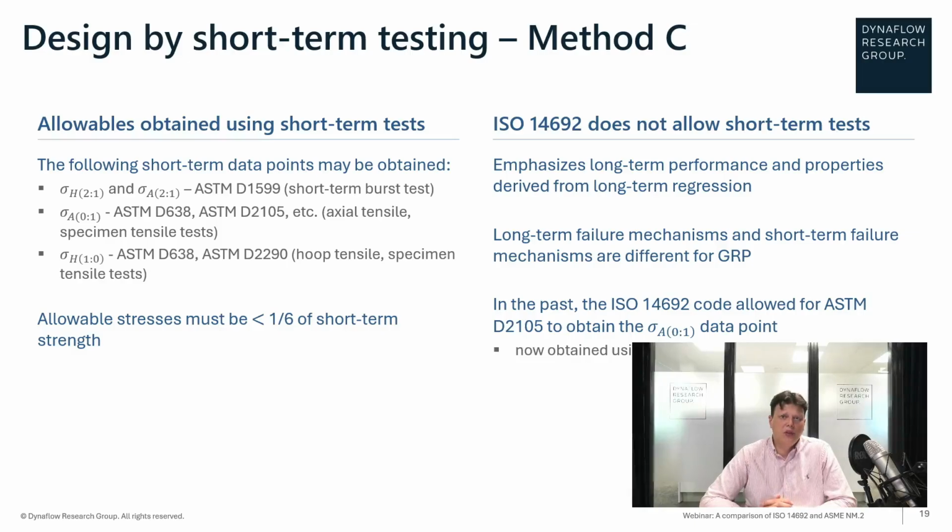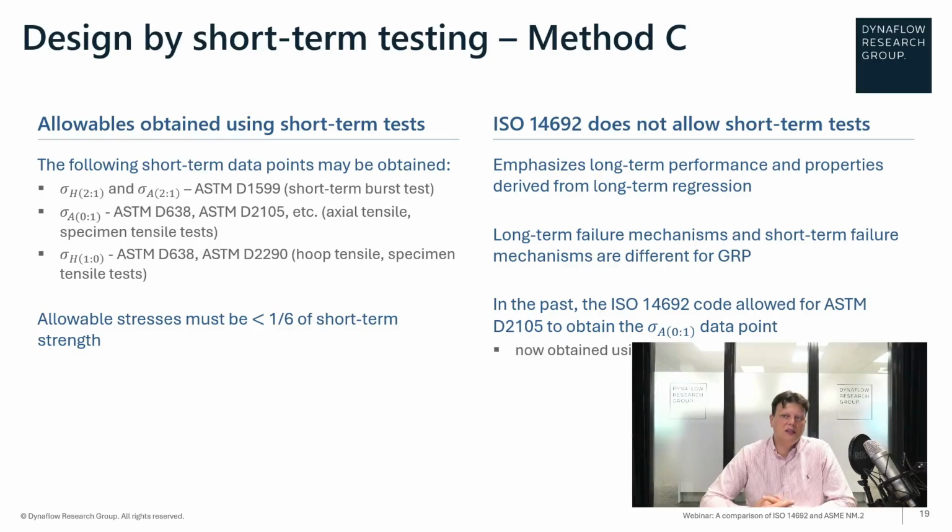The caveat from the long-term test, however, is that the allowable stress must be less than a sixth of the short-term strength. So we said that in the long-term testing, we were allowed a quarter of the short-term strength. When you do short-term tests only, you're allowed 1/6 of the short-term strength.